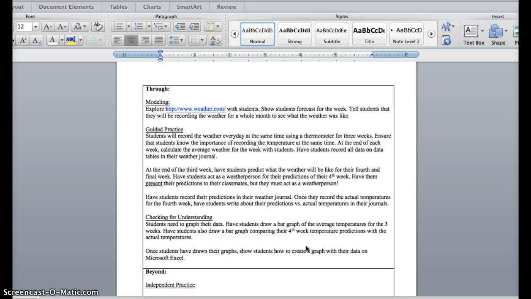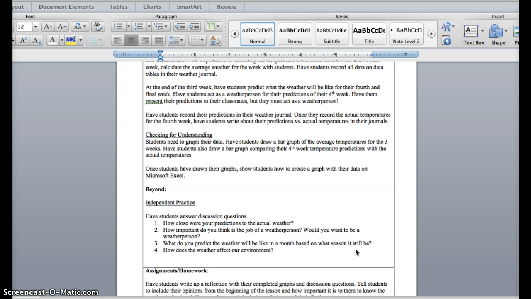So this is where math would really come in, where they get the averages and when they actually get to start drawing their graphs so that they could see all their data on one table. And then once they've actually drawn their graphs, we can show them how to create a graph with their data on Microsoft Excel, and they could see how their graphs are similar to the ones that they've drawn.